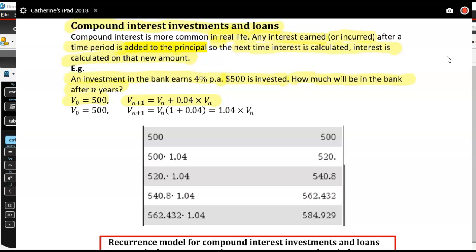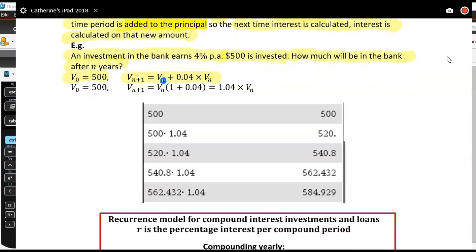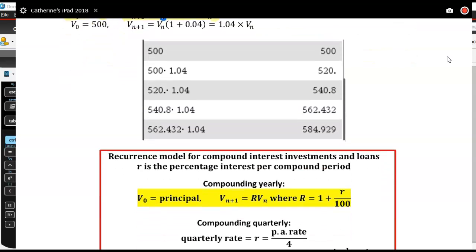Vn plus 1 equals Vn plus 0.04 times V0. I miswrote that, haven't I? I just noticed that should be V0. Anyway, it's easier to see what's happening on our CAS calculator when we do it.